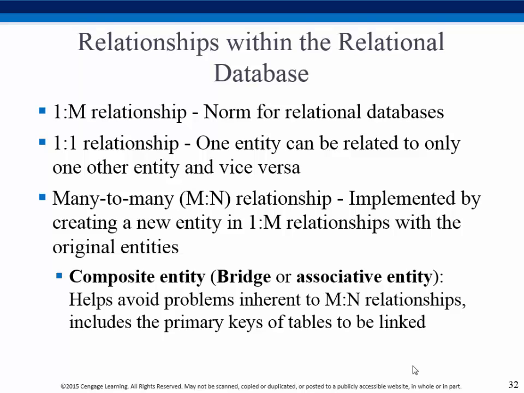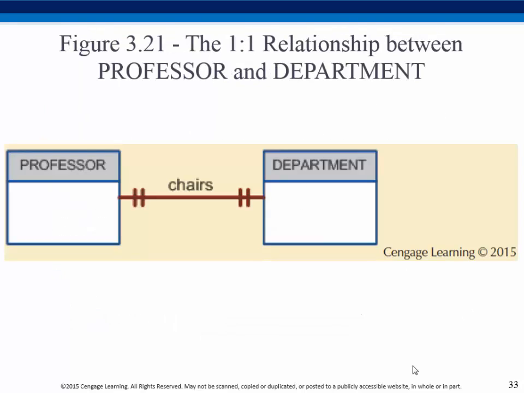And then a composite entity, bridge, or associative entity helps avoid problems inherent to many-to-many relationships. It includes the primary keys of tables to be linked. Okay. And then here we show a one-to-one relationship between professor and department.